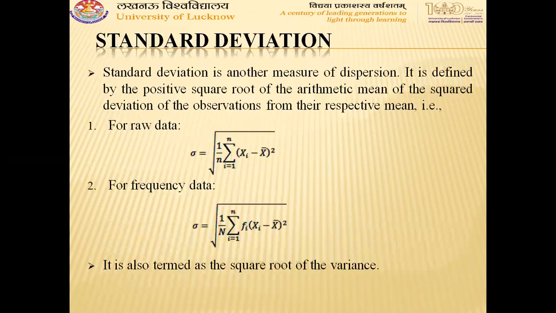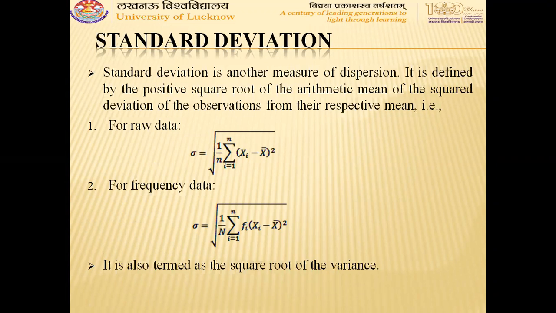To overcome this difficulty, another measure is defined which is called standard deviation. Standard deviation can be called the square root of the squared deviation of observations from the respective mean. Standard deviation is given by the square root of 1 upon n summation i goes 1 to n xi minus x bar whole square.